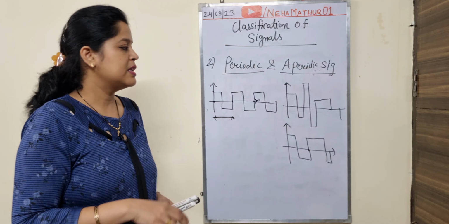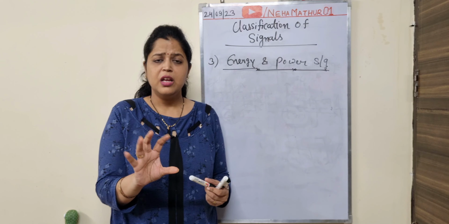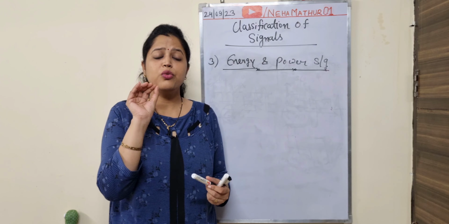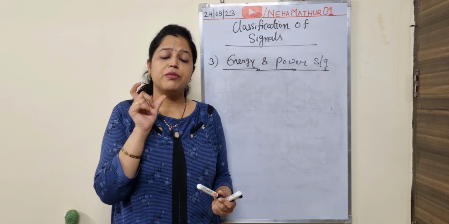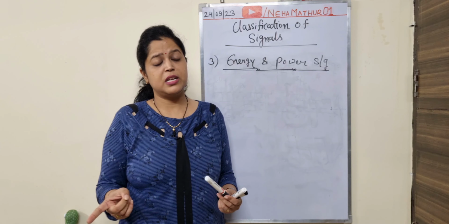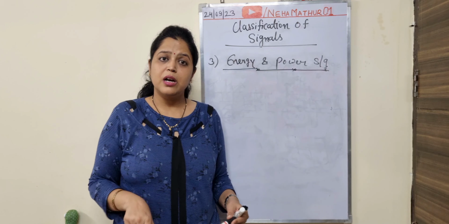Now come to the third classification. The third category is energy and power signal. To define the energy and power signal, you will have to calculate the value of energy and power for that particular signal. After getting the proper value of energy and power from that signal, only then can you define whether it comes under the category of energy or power.